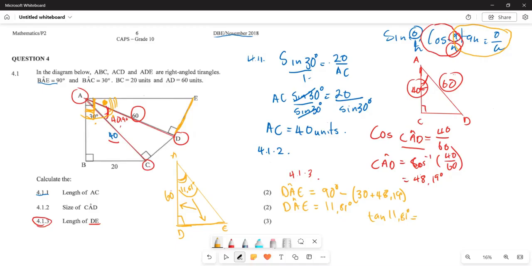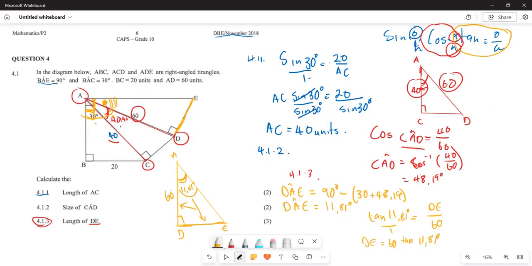11,81 degrees gives us what? Now look, tan is opposite, and the opposite side is the DE side that you are looking for, over your adjacent side, and the adjacent side is the 60 that we are given. If you cross multiply here, if you make this over 1, can you see that your side DE is going to be 60 tan of 11,81 degrees?